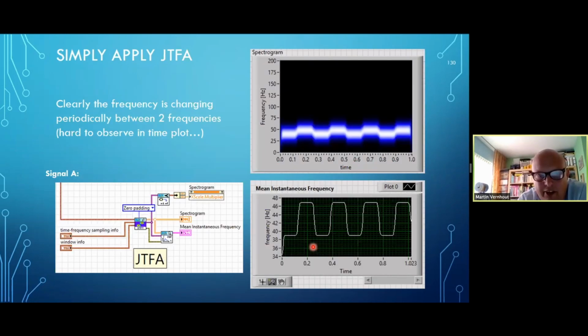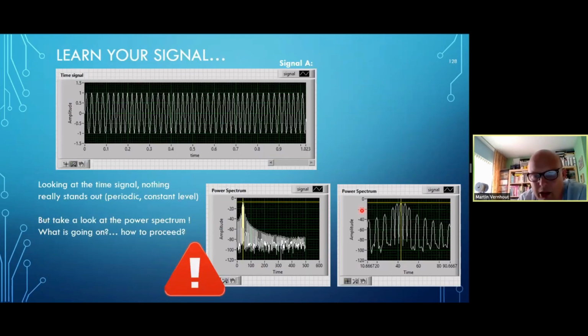If we do that, JTFA, that same signal which we saw a couple of slides earlier now clearly shows us the following plots. We see that the frequency is changing between a high and a low frequency in time. So it's modulated, it's moving around. And because it is modulated, we actually get the bandwidth of modulation.